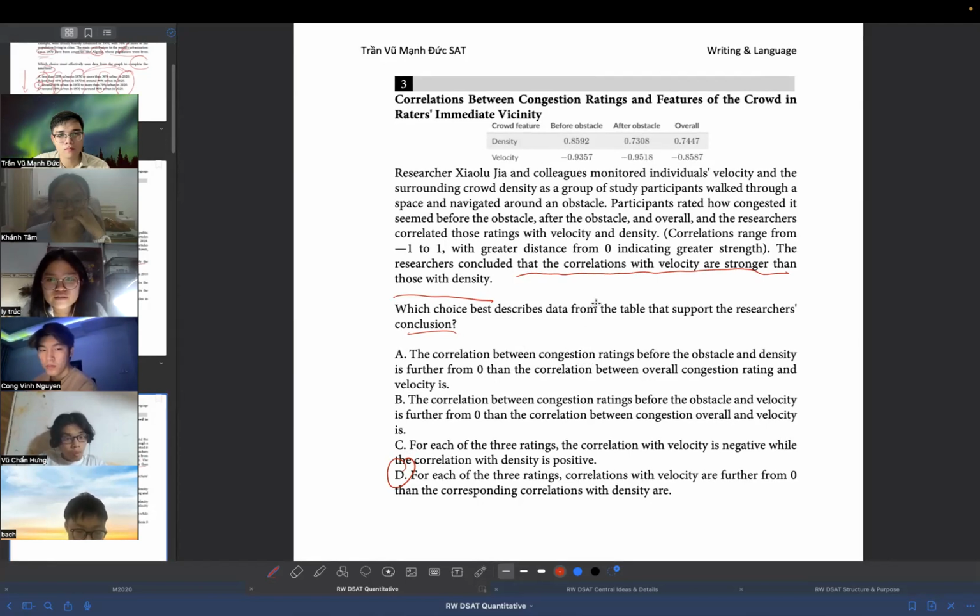They mention that correlation ranges from -1 to 1, with greater distance from 0 indicating greater strength. So they are explaining this table, right? You just pick these two and try to find the correlation with velocities are stronger than those with density.